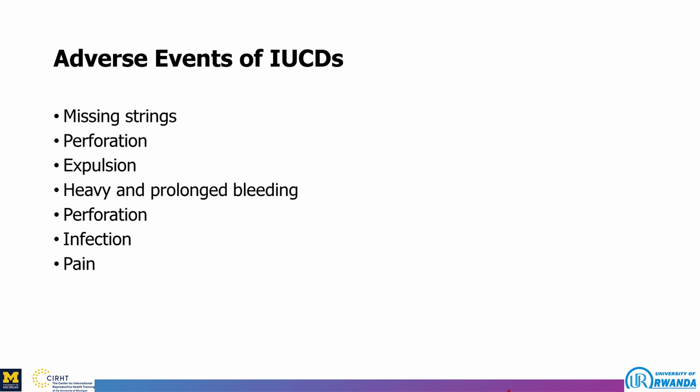Of course, like I said, everything comes with its shortcomings. Even the intrauterine contraceptive device has some adverse events that may occur, and some of them include missing strings and perforation. We may have perforation, for example, if the provider is not competent enough during insertion, he may go beyond the endometrium of the uterus and perforate into the abdomen.